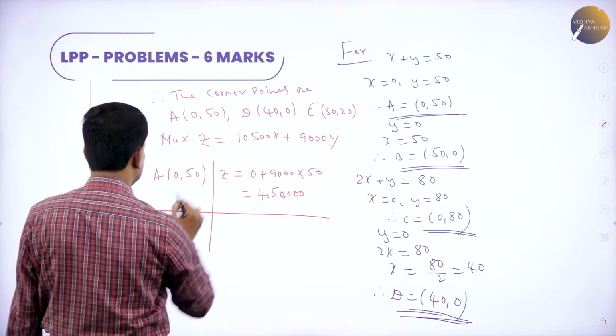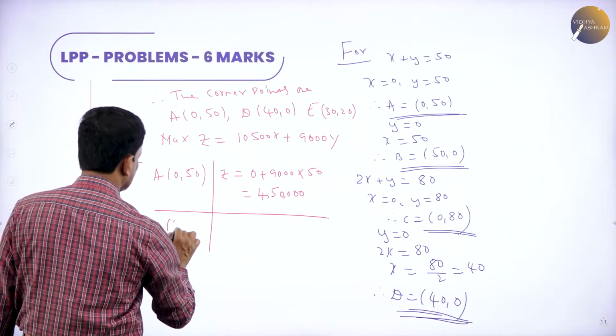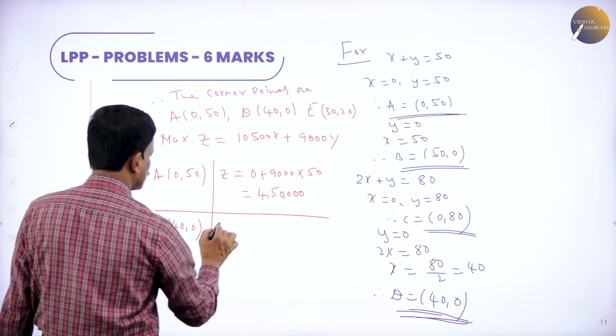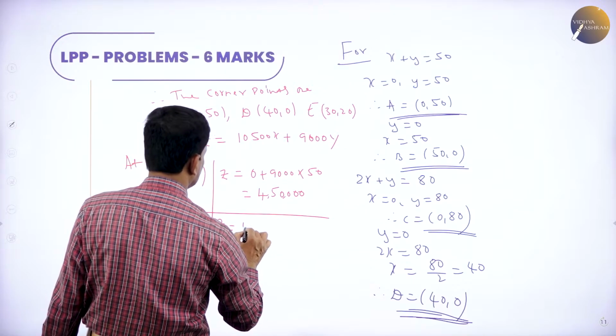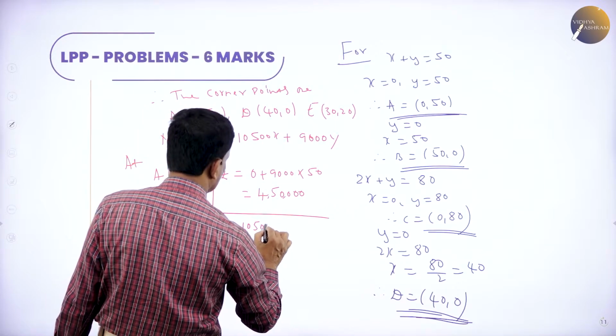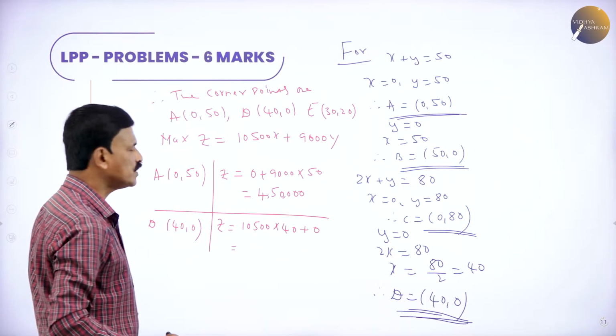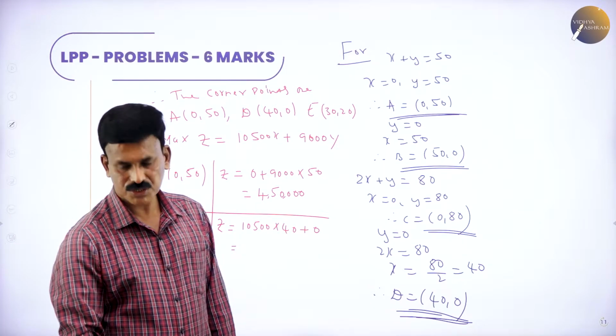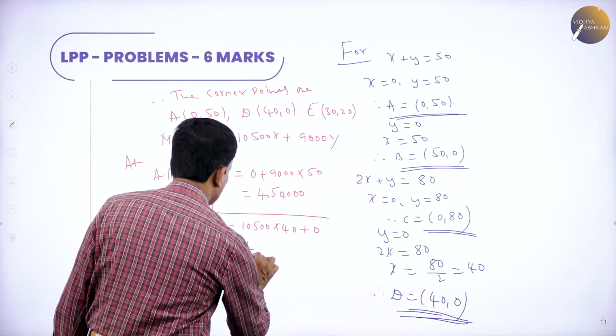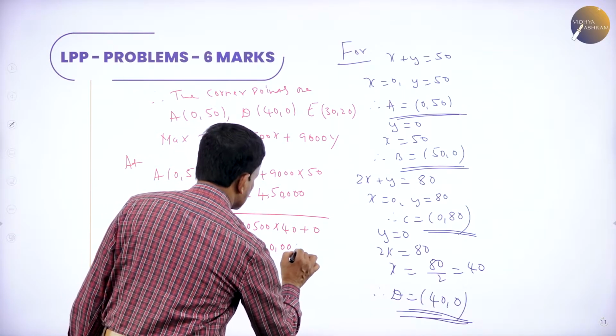Now at another point D (40, 0), Z is equal to 10,500 into 40 plus 0, which is 4,20,000.